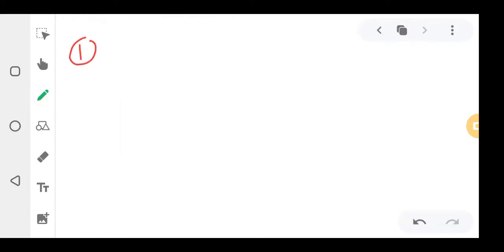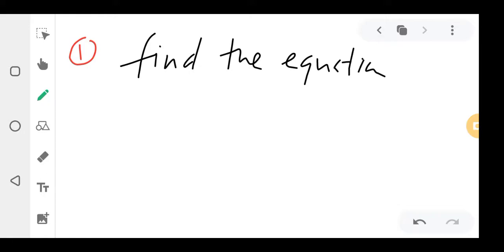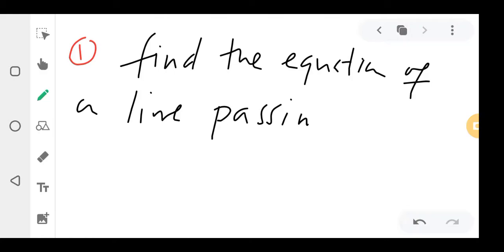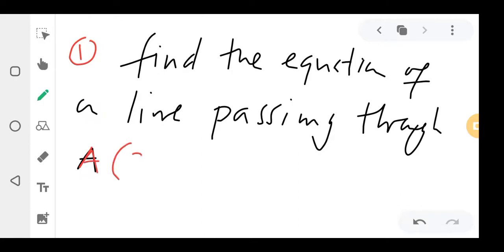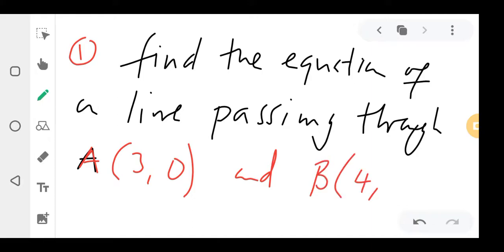So a question can come saying, find the equation of a line passing, so this is example 1, through point A, which is (3, 0), and B (4, 1).